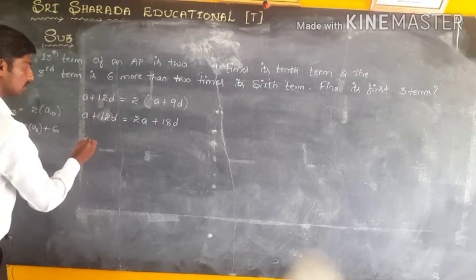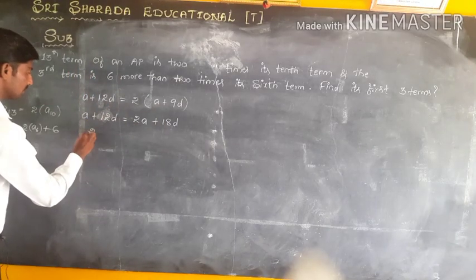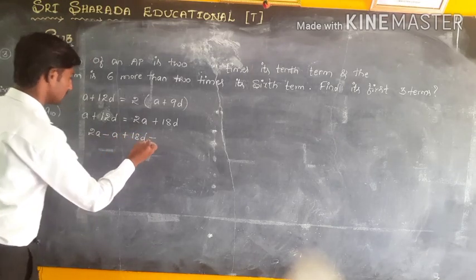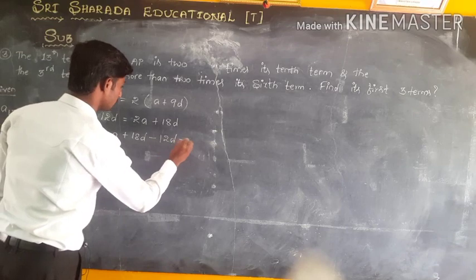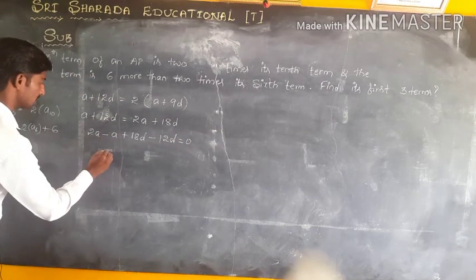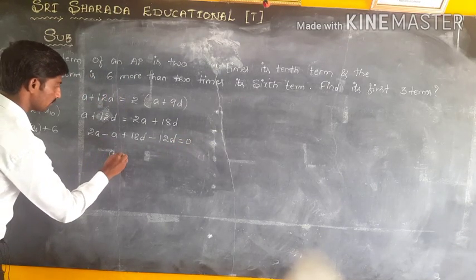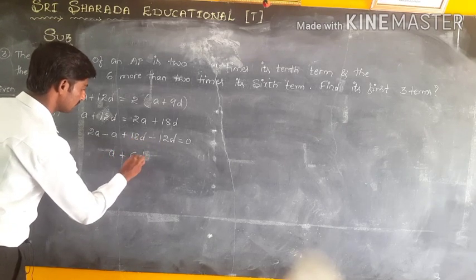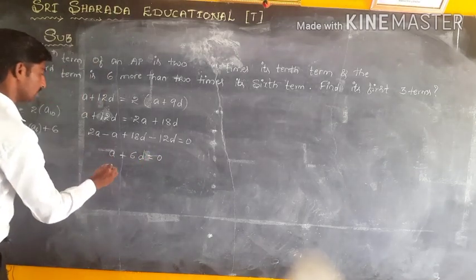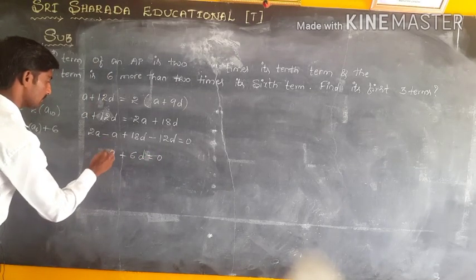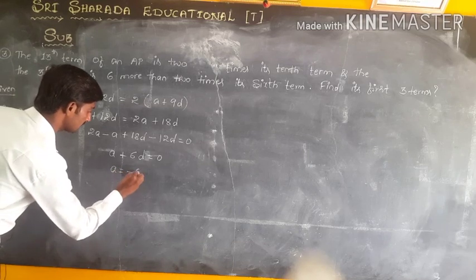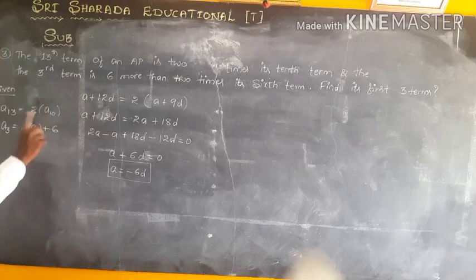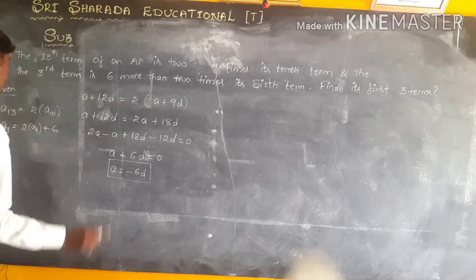Now sending these two terms across by the second rule of transformation, that is 2A minus A plus 18D minus 12D is equal to 0. 2A minus A is A, plus 18 minus 12 is 6D, is equal to 0, or A is equal to minus 6D. The first term of that sequence, A, is minus 6D.